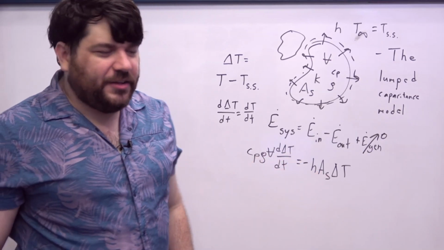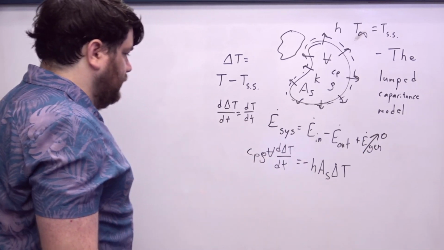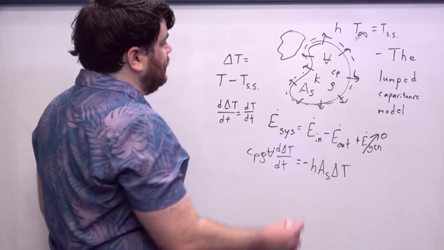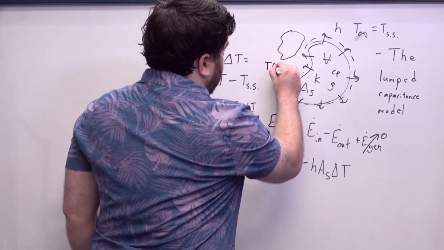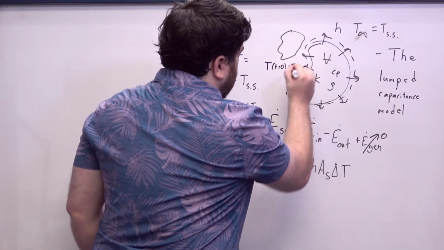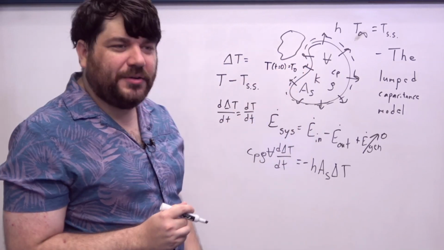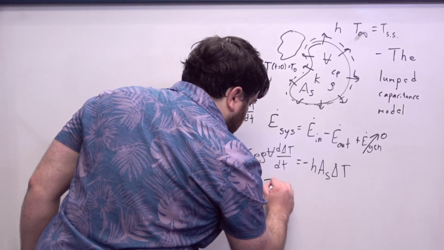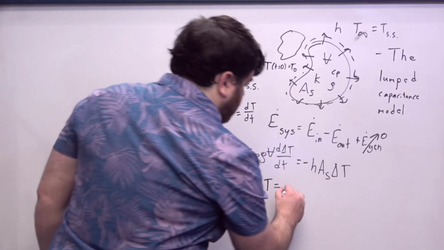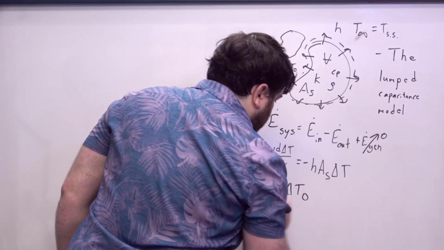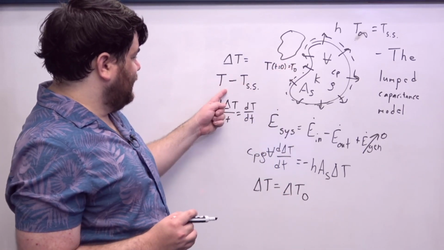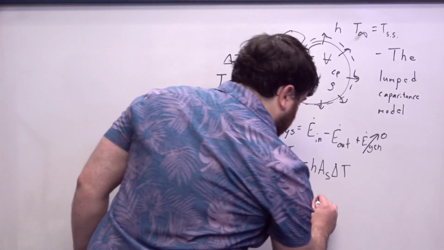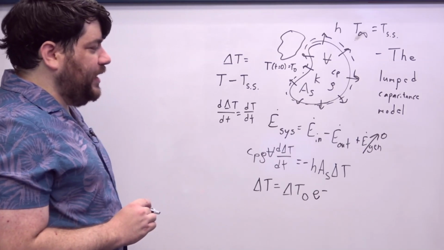So, skipping the calculus, what you wind up obtaining is that, supposing this object has some initial temperature T0, so at time equals 0 the temperature of the object is equal to T0, then delta T is just delta T0, which is T0 minus the steady state temperature, multiplied by a negative exponential.